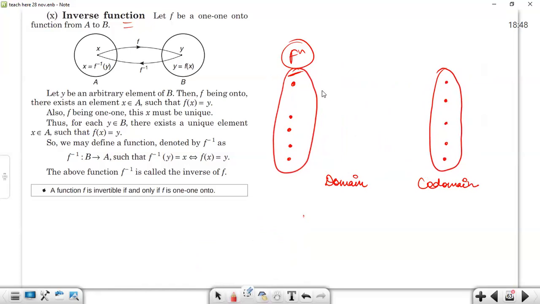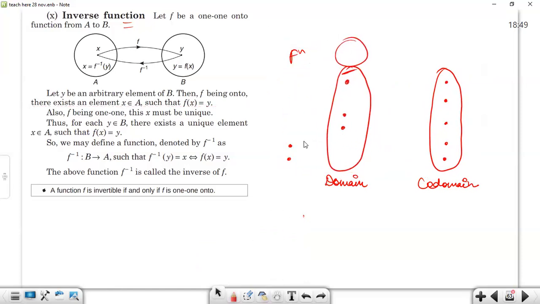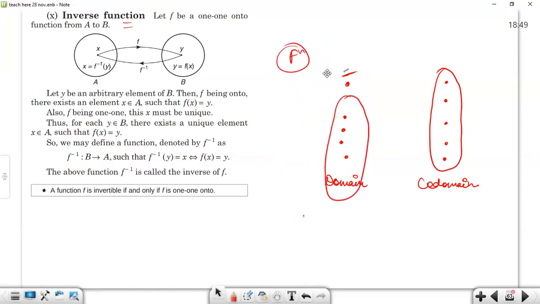So the domain has come to a different position. Okay, so you got the point that domain and codomain shift position and then the function becomes an inverse function. So now the inverse function gets defined.